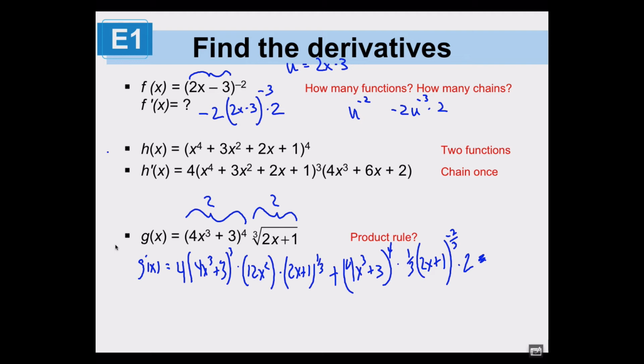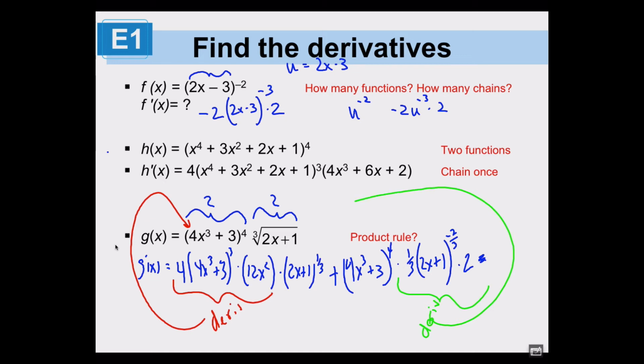So you need the derivative of 4x cubed plus 3 to the 4th, which is 4 times 4x cubed plus 3 all to the 3rd times 12x squared, as he pointed out.